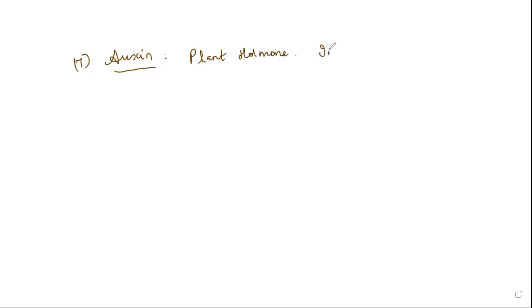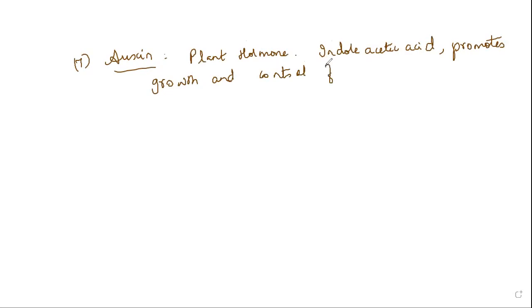Example, indole acetic acid. What does it do? It promotes growth and controls fruit and flower development. Synthetic auxins are also used in agriculture and horticulture.